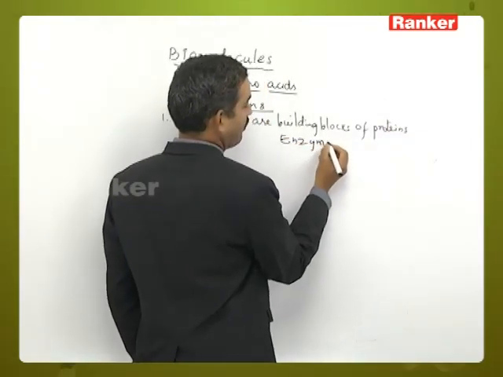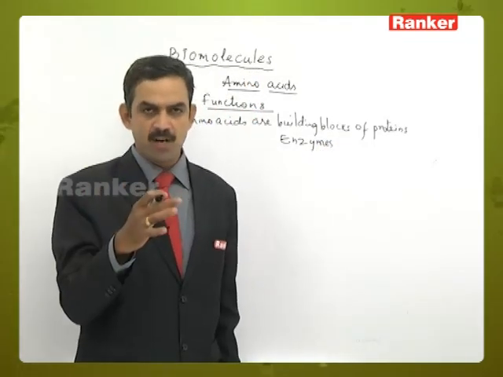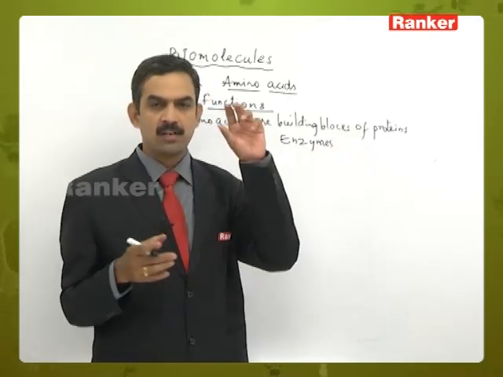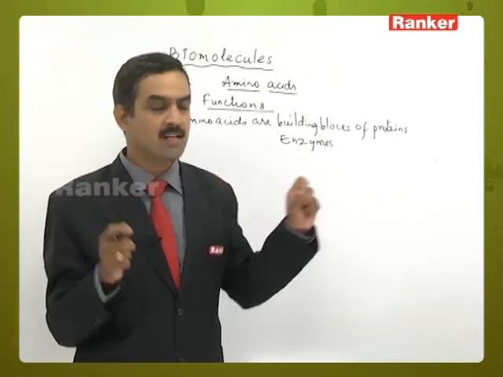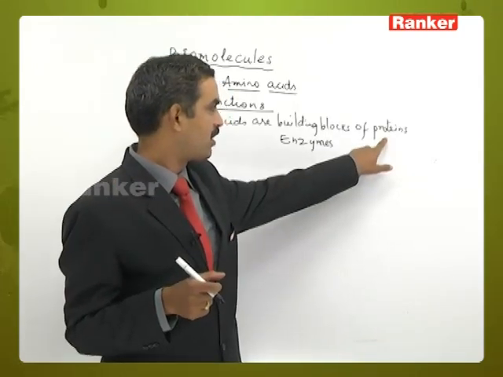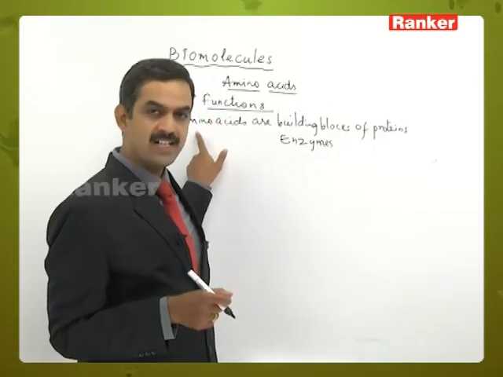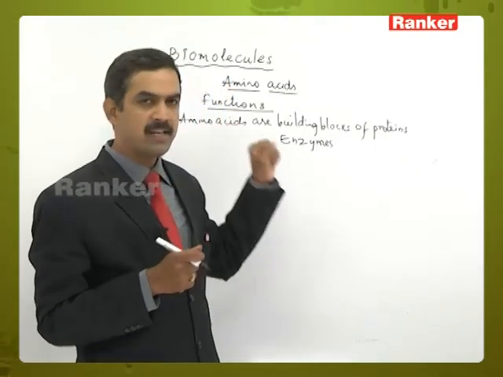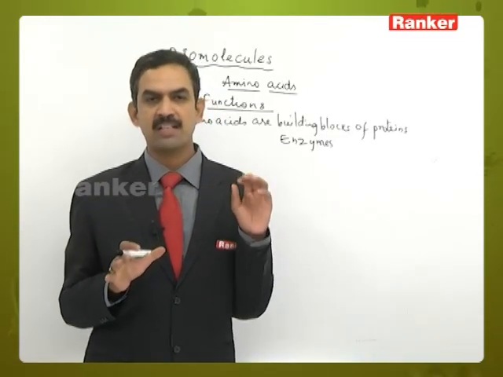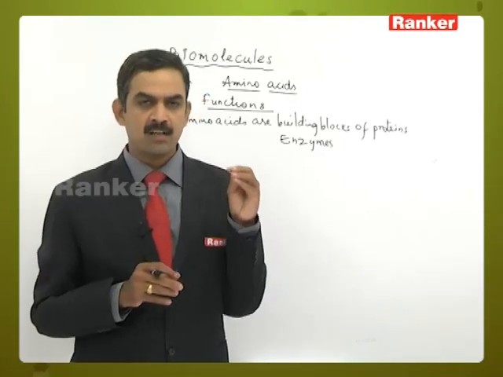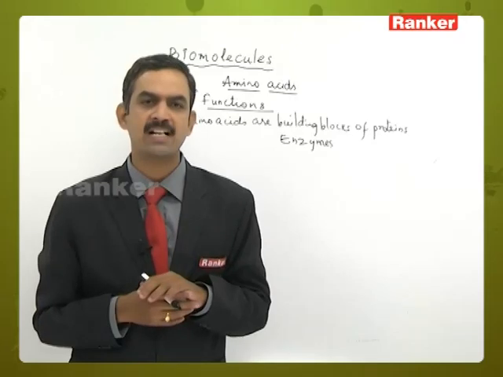The major organic compound of which a living body is made up is proteins. If an organism has to acquire a particular shape and structure, it is because of the major contribution of proteins. If those proteins are to be formed, they require amino acids. In the same way, inside a living cell, many biochemical reactions are taking place, and for those reactions they require enzymes, which act as biocatalysts.